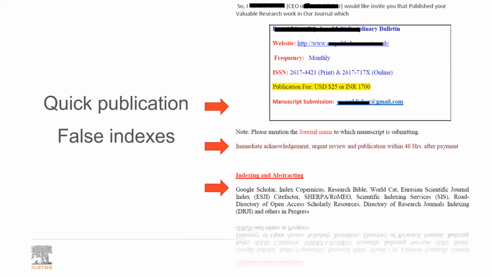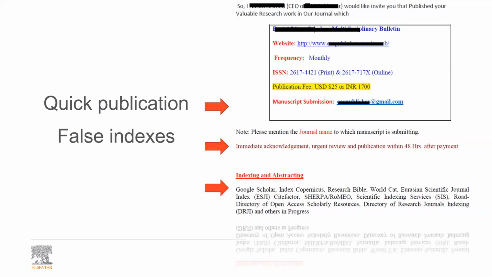So this is another example where it mentions specifically quick publication, and here you have a publication fee which is mentioned, which is very low. This is also to attract researchers who are very keen to publish open access. So they would be interested in article processing charges that are lower. This is one of the ways that they attract researchers to submit their articles.